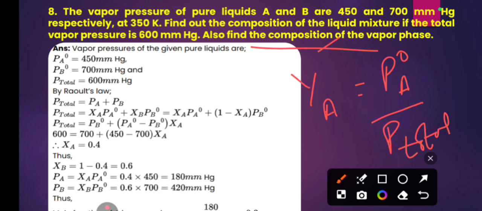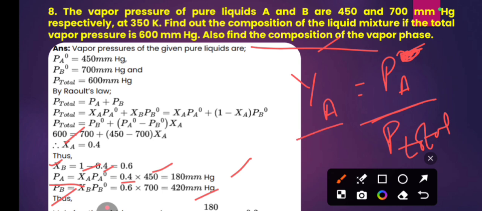It is not P naught A, it is only PA. PA means partial pressure. Partial pressure you can solve here because you have solved the value of XA and XB. Partial pressure, I told you already, is equal to mole fraction of A times P naught A. XA we have solved, P naught A value is given to you, and you can get the value of partial pressure of component A. In the same way you can solve the partial pressure of component B.